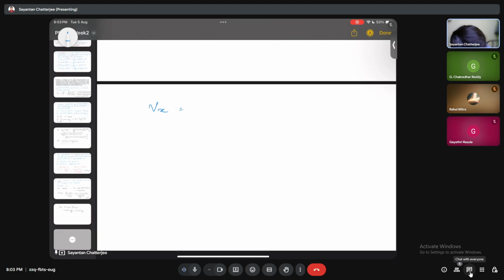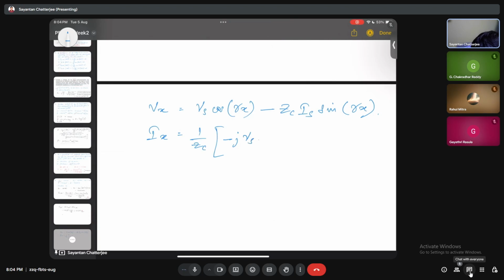Here it will be Vx equals Vs cos gamma x minus ZC Is sin gamma x, and in case of Ix it will be Is cos gamma x minus Vs by ZC sin gamma x.